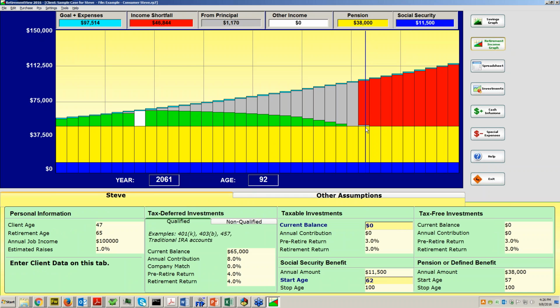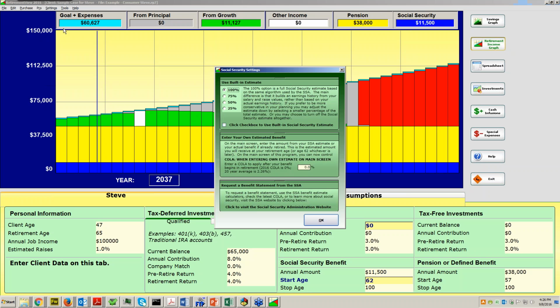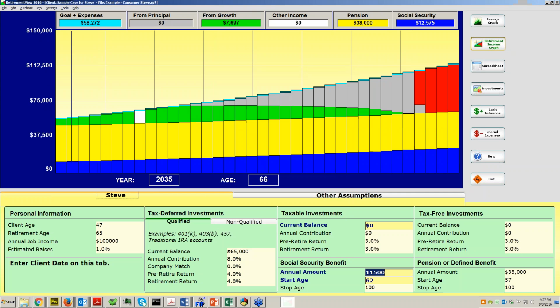Okay. And here we see that the Social Security is not inflated at the rate. It is not, no. And the pension. Okay, so I'm going to add the COLA to the Social Security. The 20-year average is 2.26, so I'm going to put that in.